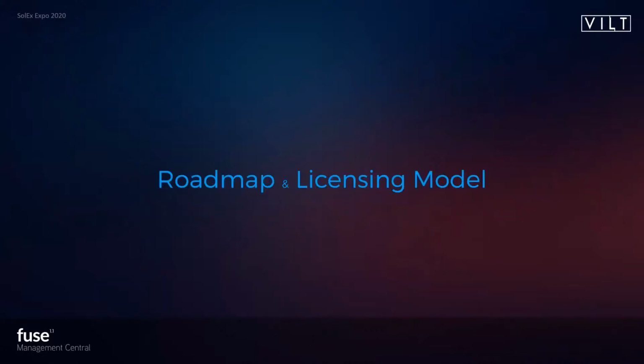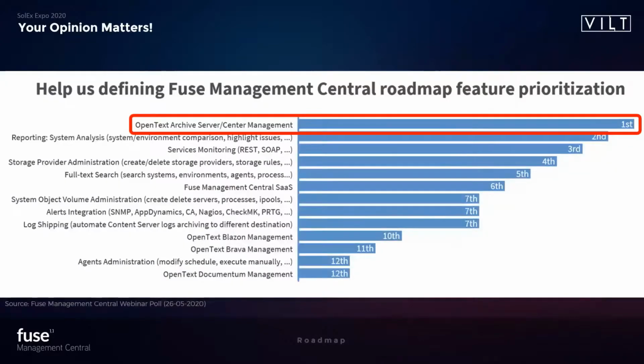Talking about the roadmap, I just want to show you again one slide from our previous webinar. This is very important. This is in order for you to really understand that your opinion really matters to us. In this question, we asked which of our roadmap features would have more priority to our customers. And as you can see, OpenText Archive Server has really gone to the top.